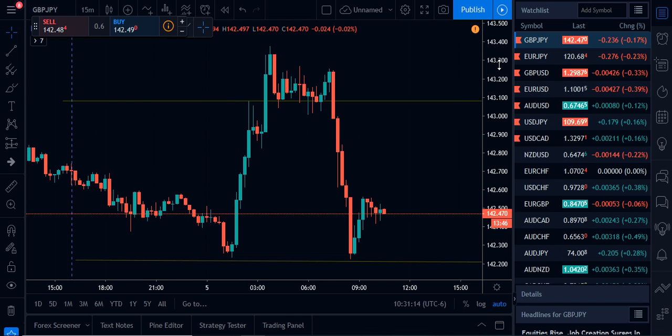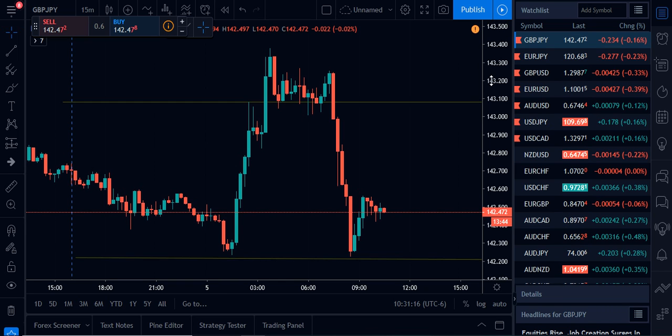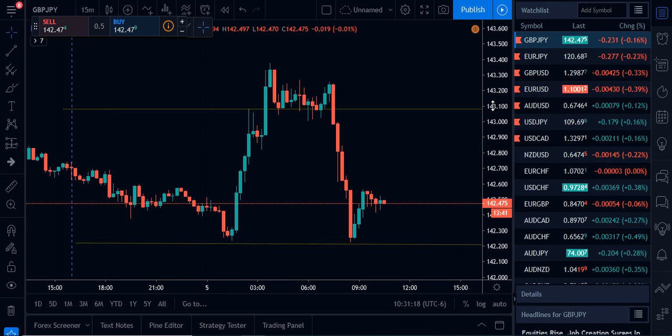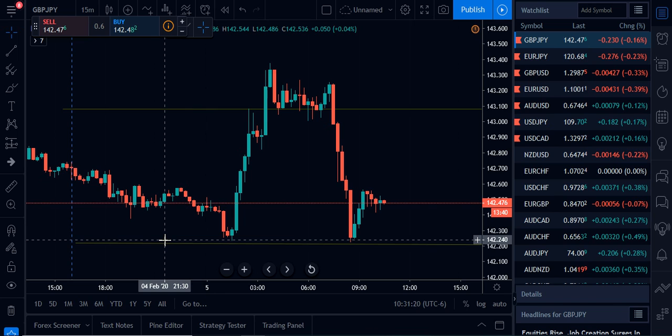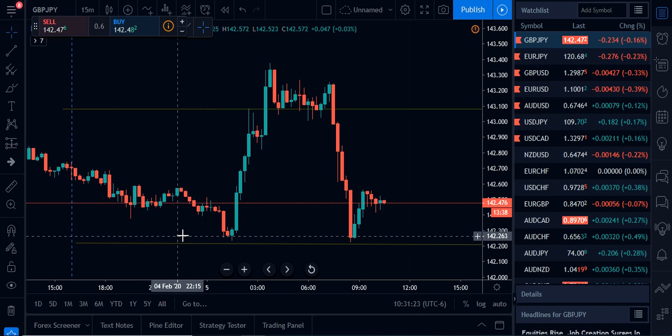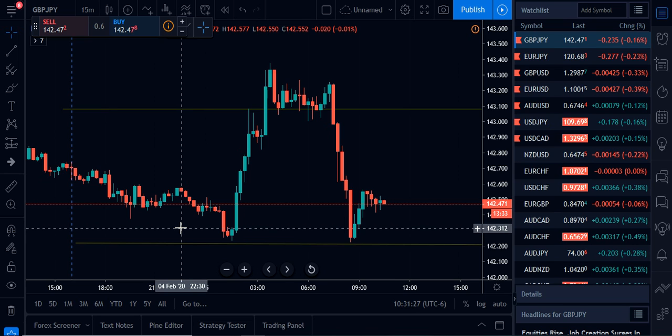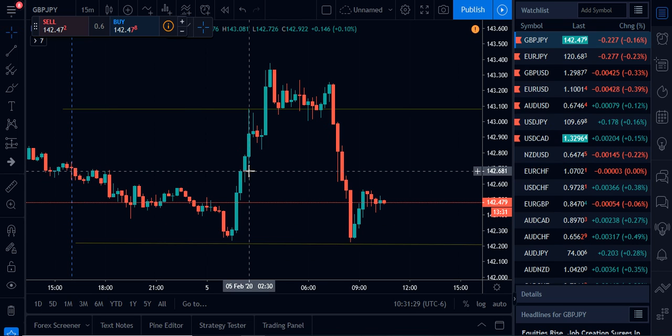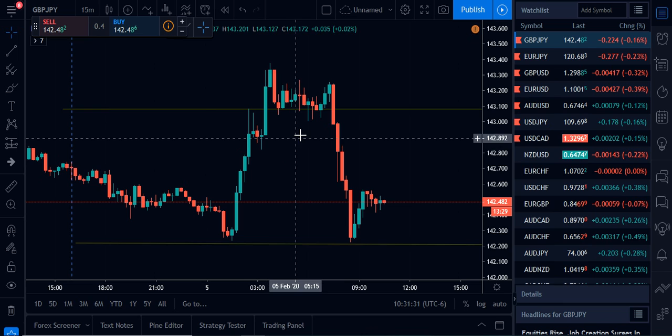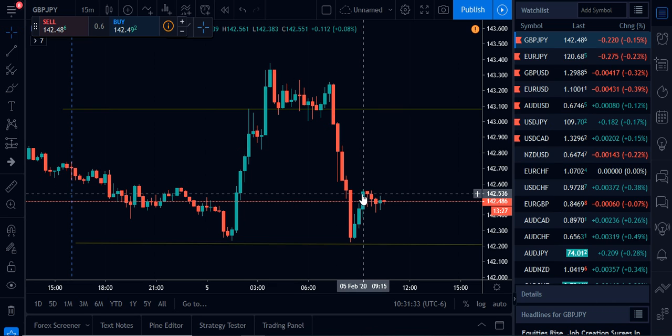Like I said, this strategy is mainly for the consolidation session, which is the Asian session. So what I do is at 4 p.m., which is usually around this area.